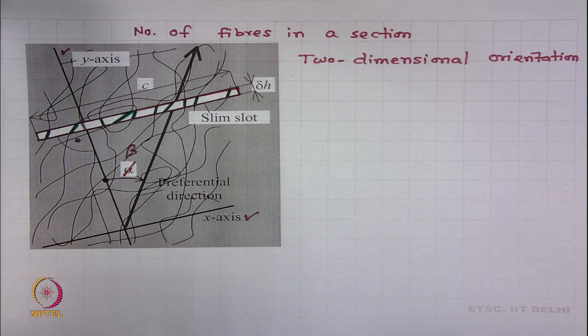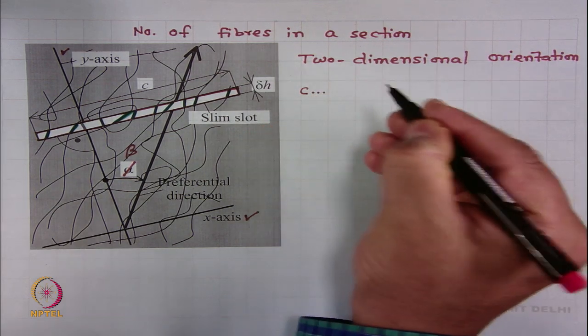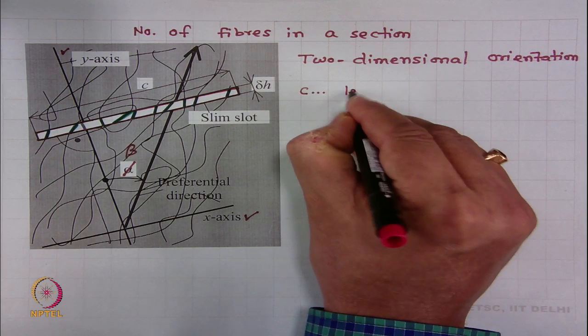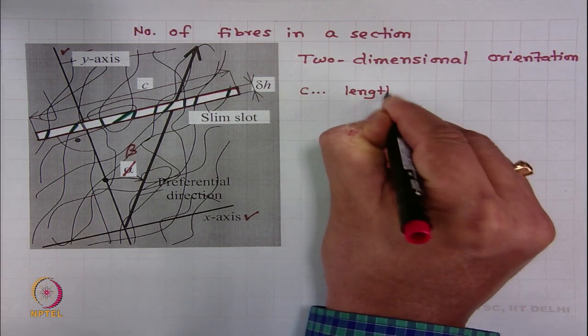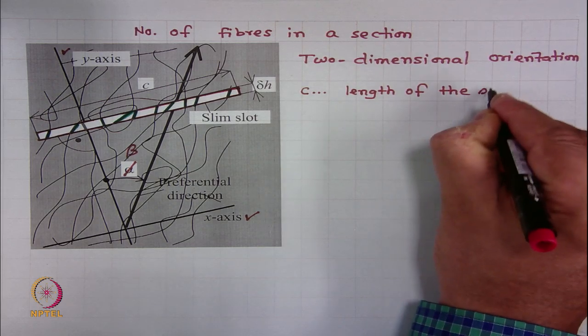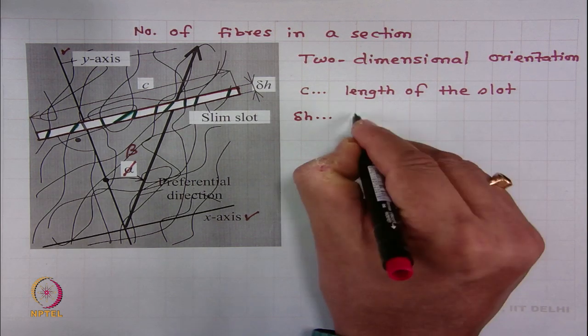Now, let us define some variables here. C is the length of the slot. Delta h is the thickness of the slot.